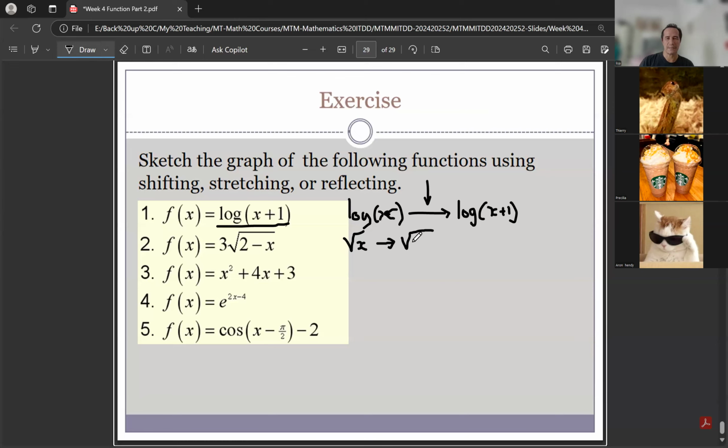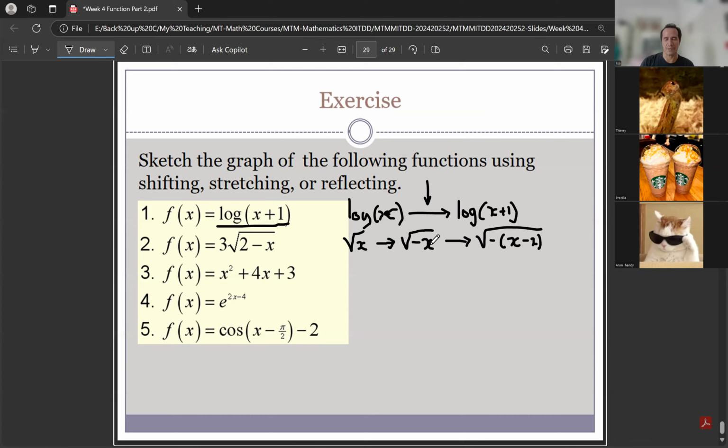Must reflect to become minus x, and then we transform x to x minus 2, replacing x by x minus 2.